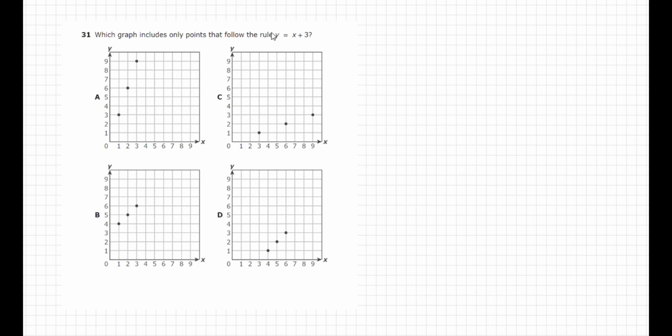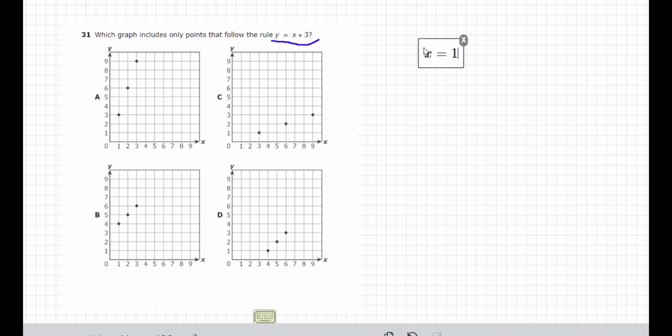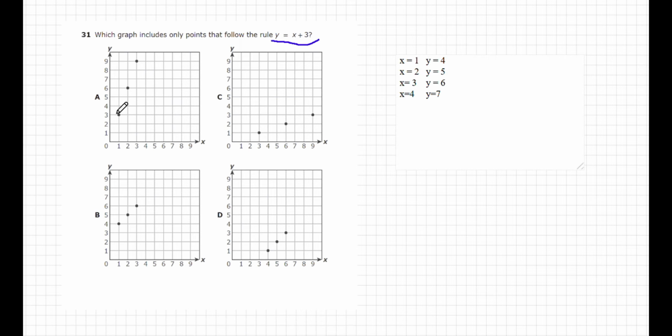Question number 31. Which graph includes only points that follow the rule y = x + 3? Substitute x with 1, 2, 3, and 4 in the equation to determine the corresponding y values. Since the graph points and the equation's y values don't align, A is wrong.